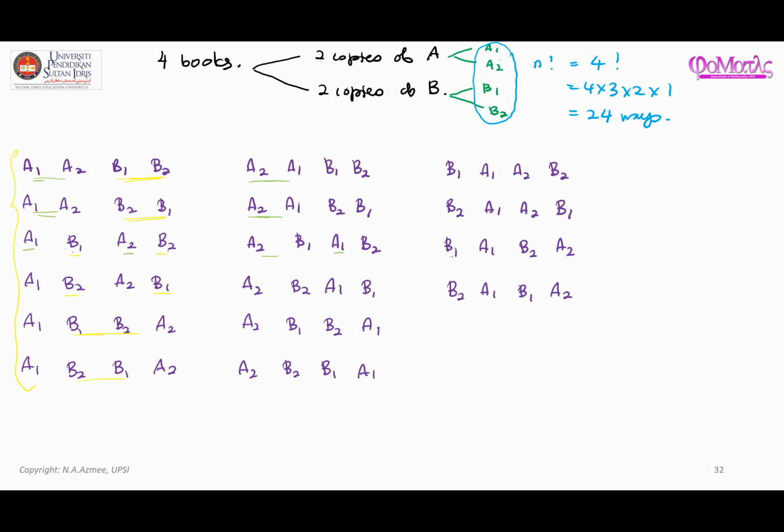Now I'm going to move the position of A1 and A2 both to the end. So I have B1, B2, A1, and A2. And I'm going to switch this position, B2, B1, A1 and A2. I'm just switching this with this.